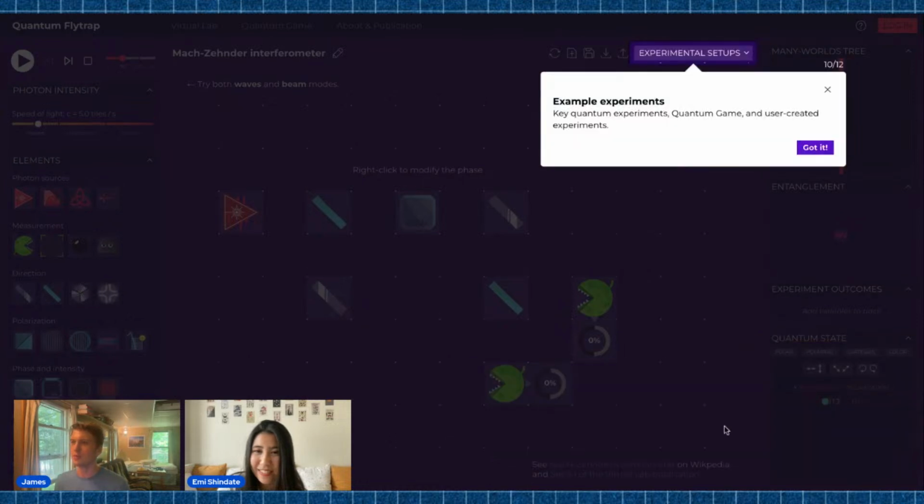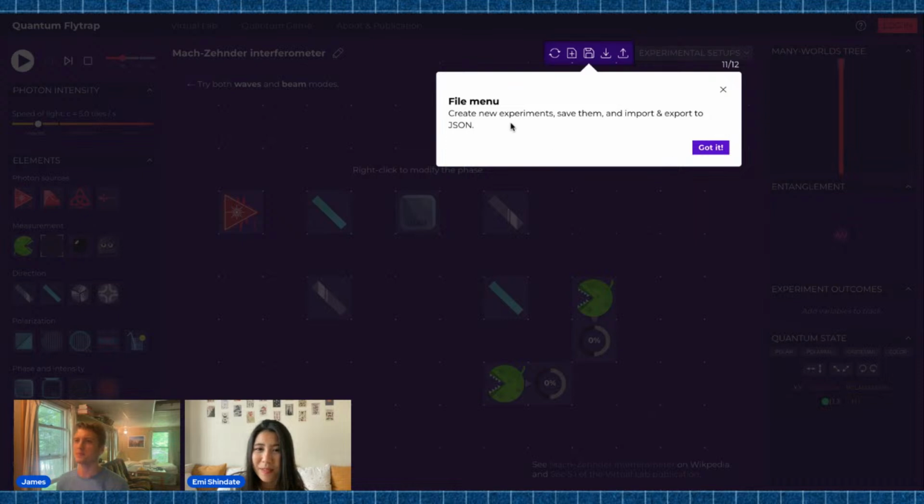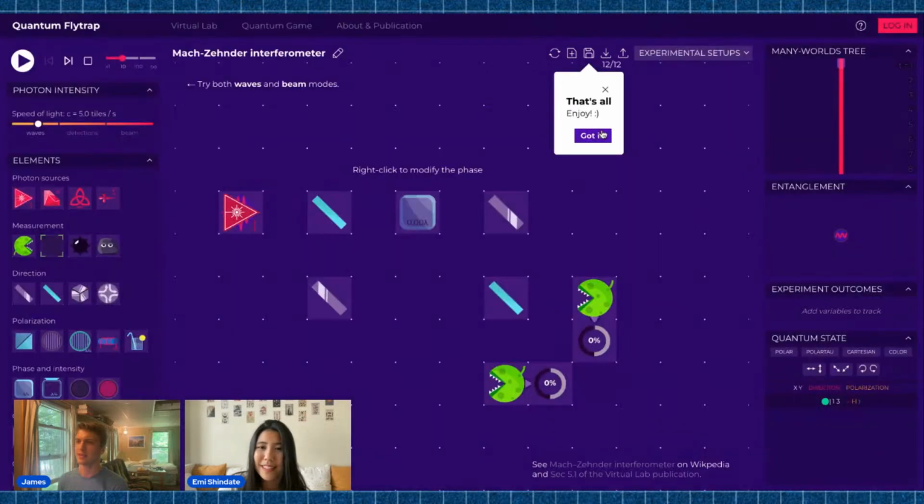Okay. Cool. Nice. So example experiments, key quantum experiments, quantum game, user-created experiments. Quantum game. File menu, create new experiments, save them, and import and export them to JSON. Cool. Yes. That's it. So try both waves and beam nodes. What's that?